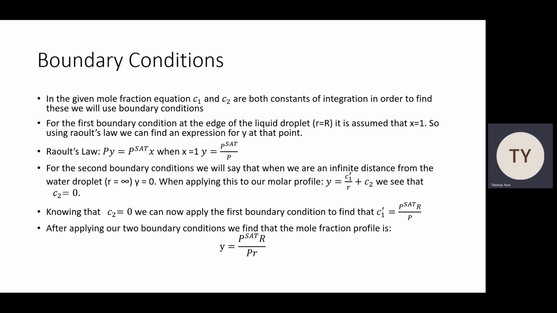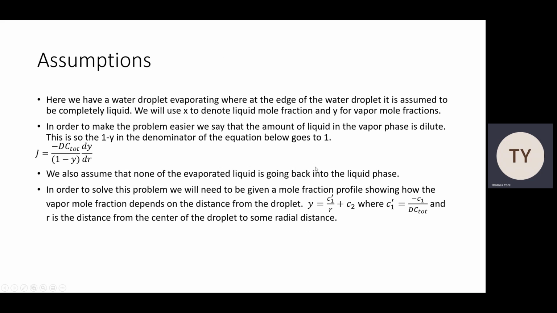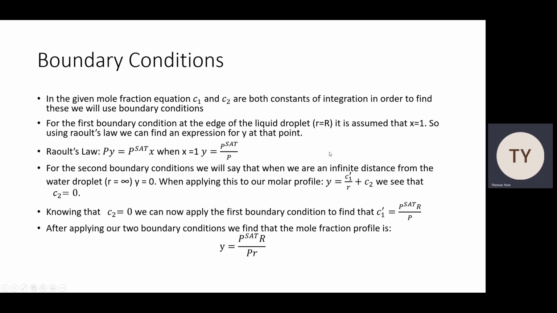Now, in order to find the C1s and C2s, we'll have to use boundary conditions. C1 and C2 are both constants of integration. In order to find them, we will use the boundary conditions that I mentioned. So for the first boundary condition, at the edge of the liquid droplet, the radial distance is equal to the radius of the water droplet. It is assumed that x equals 1.